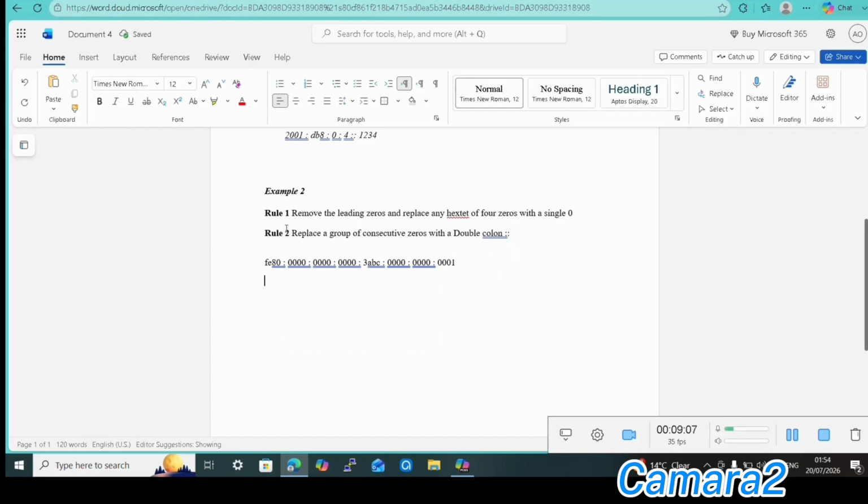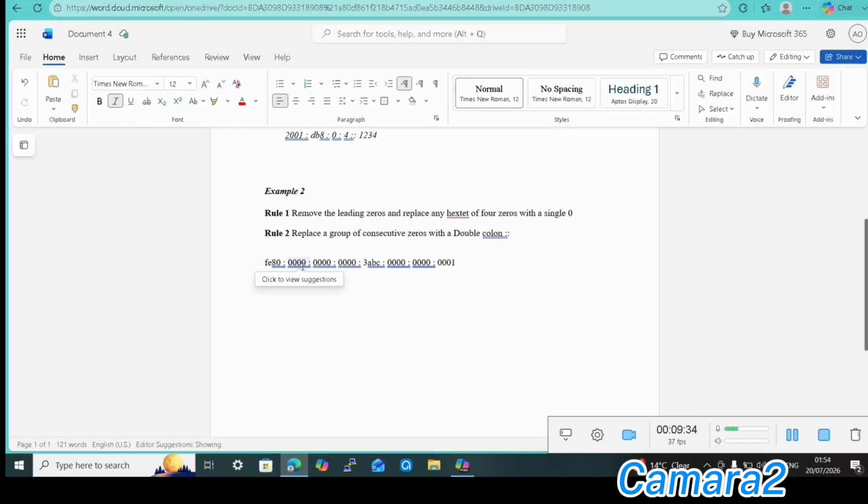Since this one doesn't have any leading 0, we write it the way it is. FE80 and colon. Here we have 4 zeros, and our rule said replace any hex state of 4 zeros with a single 0.